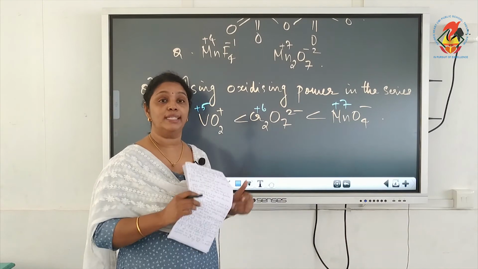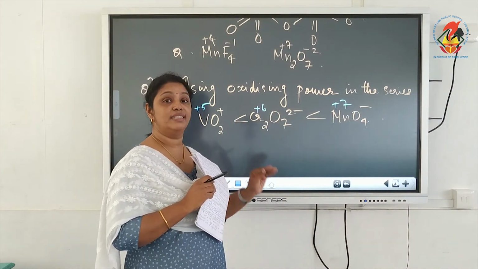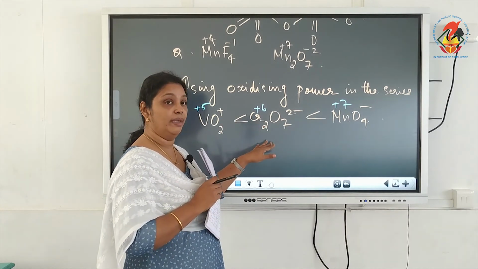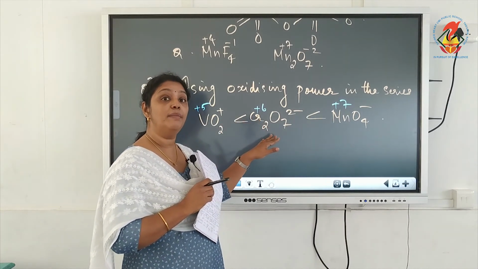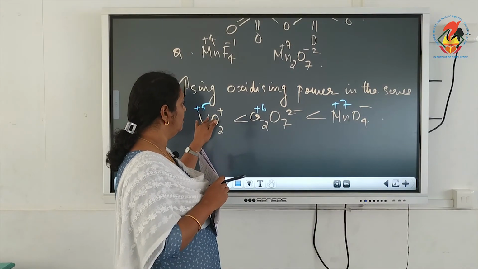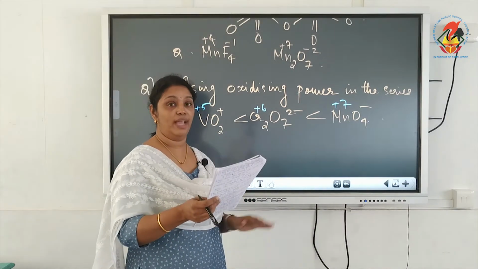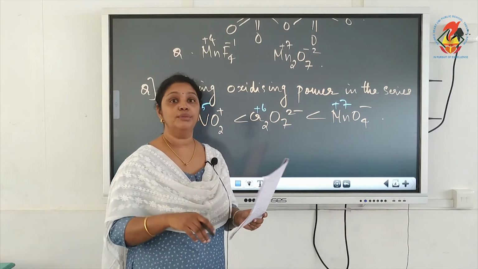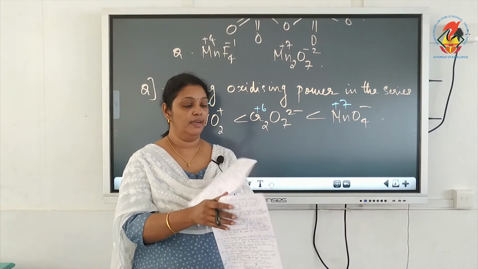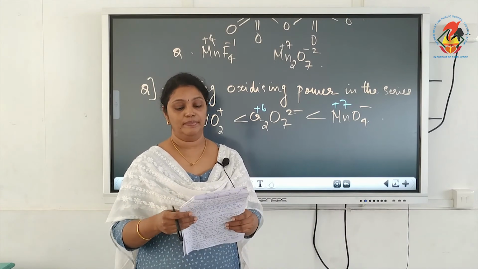Because it wants to get reduced, and we know manganese is stable in +2 oxidation state. In the same way chromium is stable in +3 oxidation state, and vanadium has the lowest oxidizing power. So the answer for this order is due to increasing stability of the species to which they get reduced.